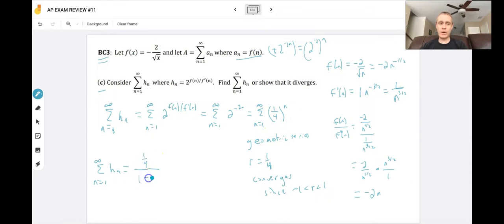And that's over 1 minus our common ratio, which was 1/4. And so that would be the value to this convergent geometric series. And again, all this work here would suffice for support to that answer.